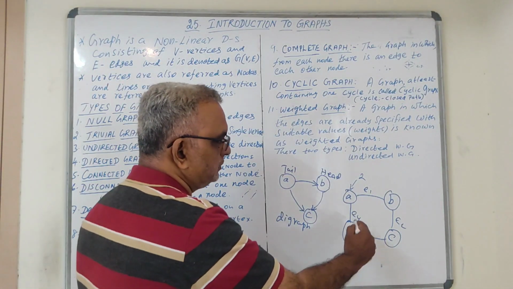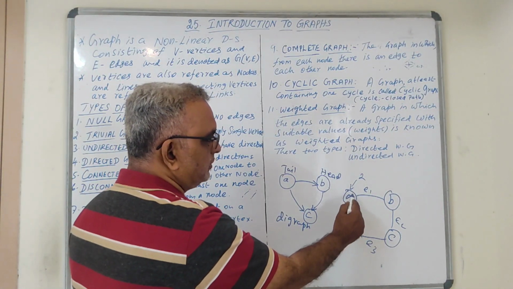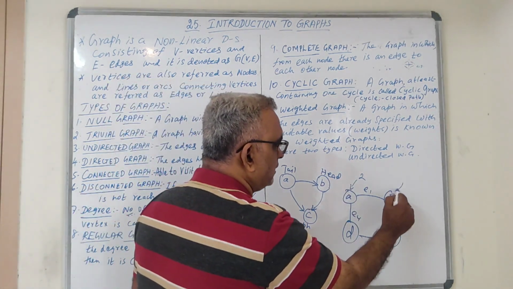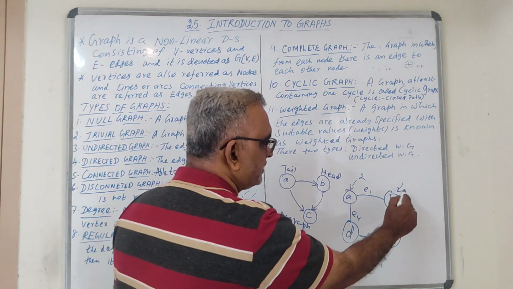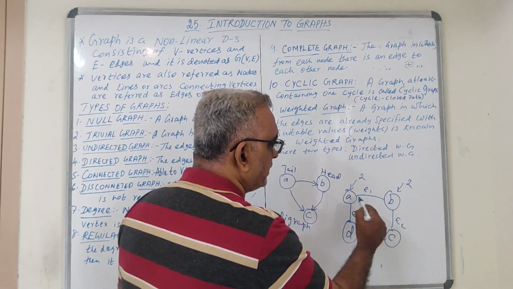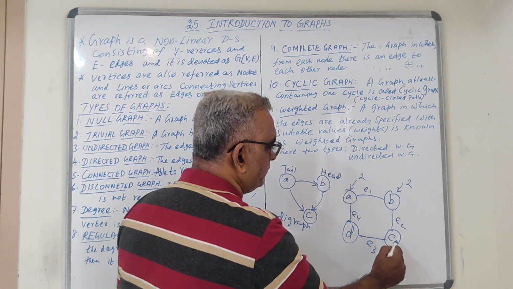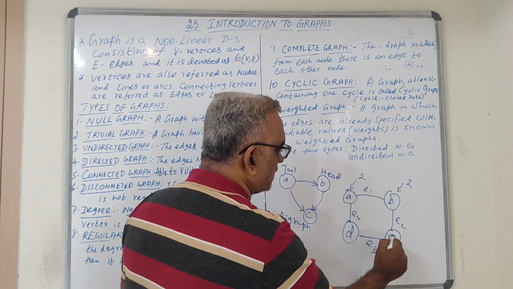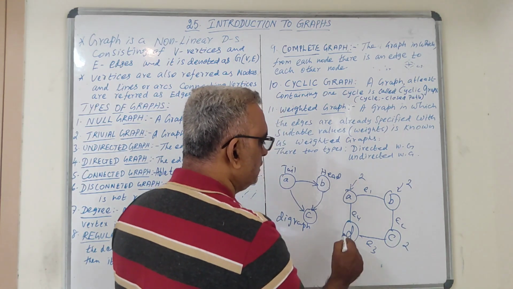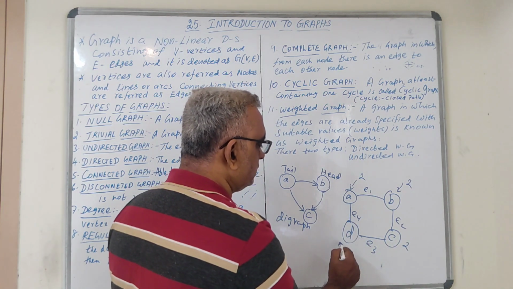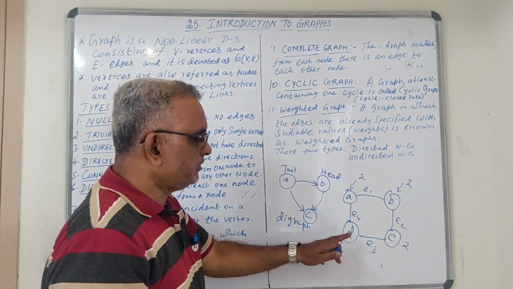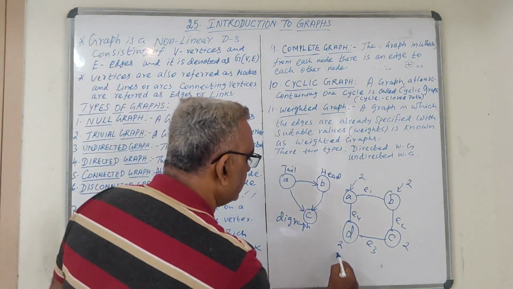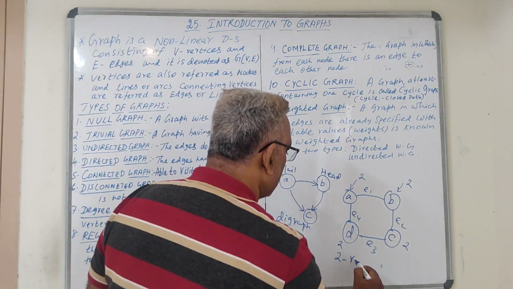Consider this particular one: the degree of this node is 2, and the degree of this vertex is 2, because 2 edges are incident on it. Similarly here, 2 edges are connected with C, so degree 2, and similarly 2 edges are connected with the vertex D. So we can call it a 2-regular graph.